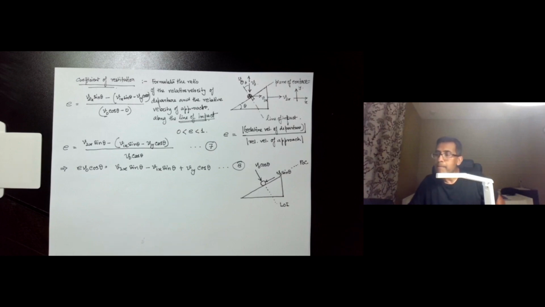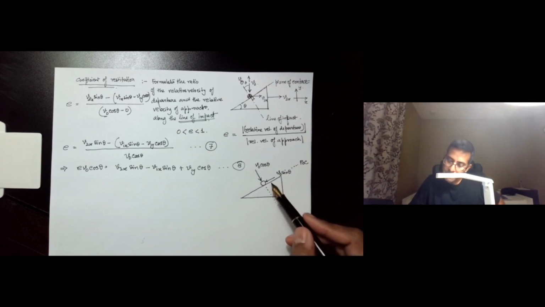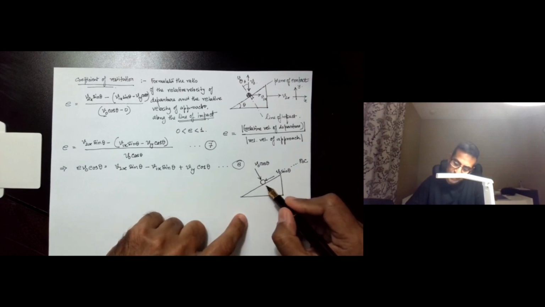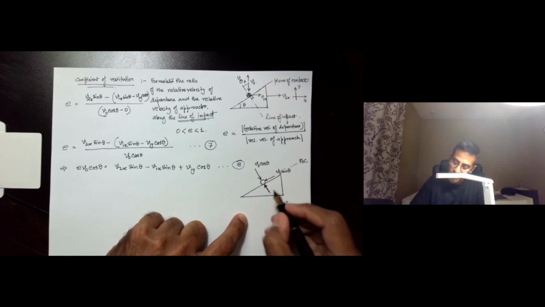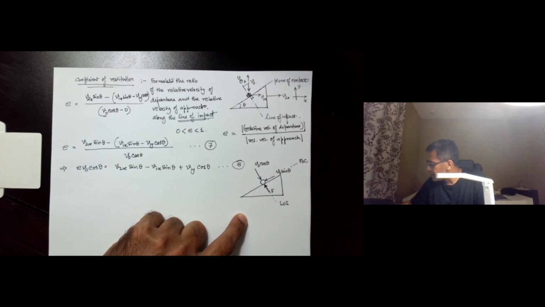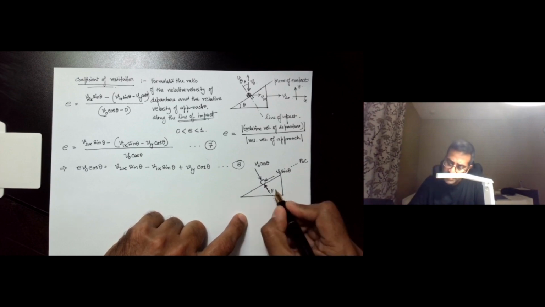Now if I consider the motion of the particle to consist of these two velocities, we know that at the instant of collision there is going to be an impulse, F delta t.